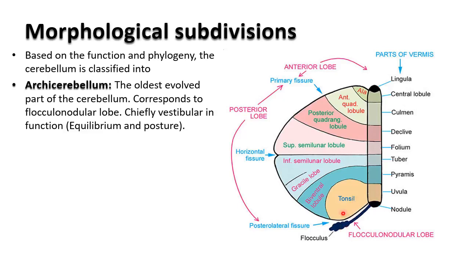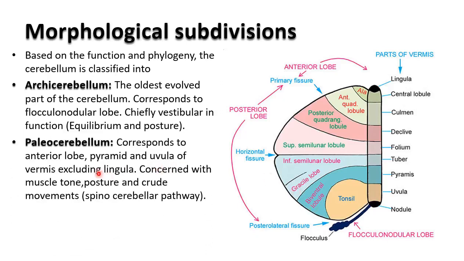Then the next evolved is your paleocerebellum. The paleocerebellum is mainly concerned with maintenance of muscle tone, again posture, and some crude movements of the limbs.